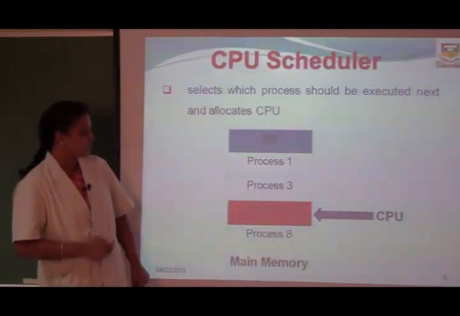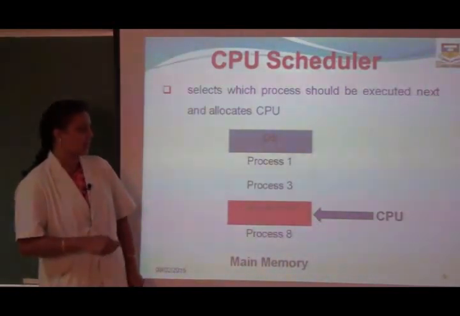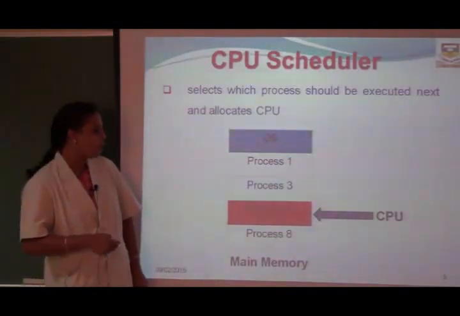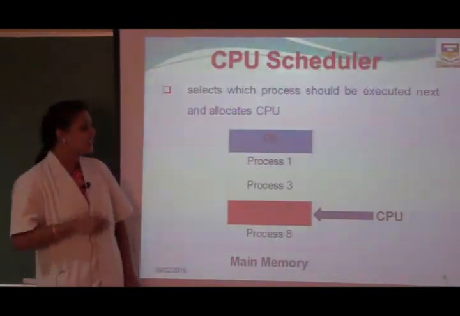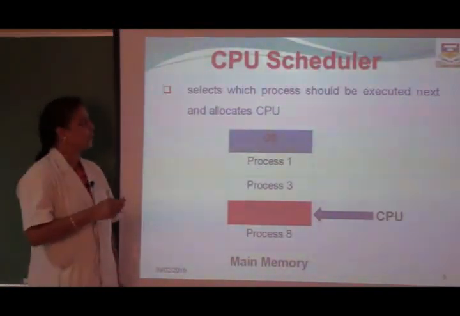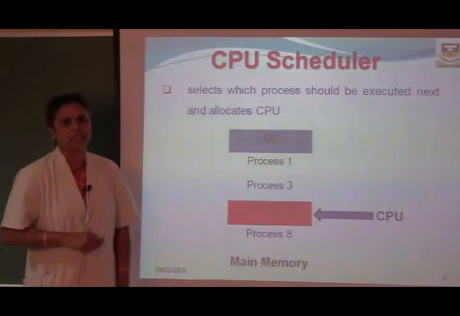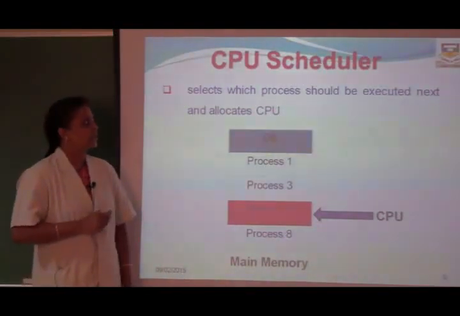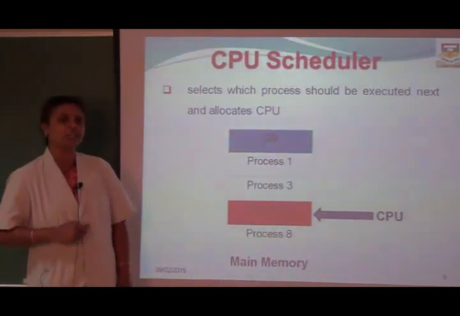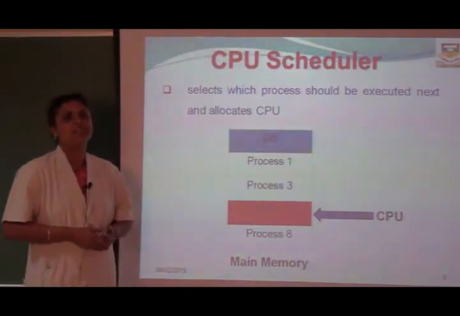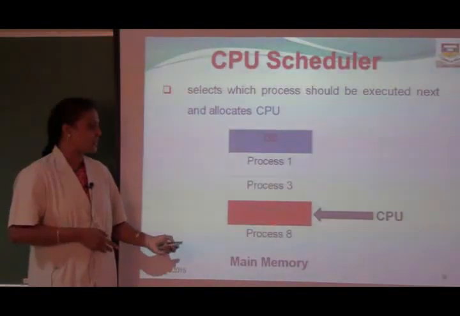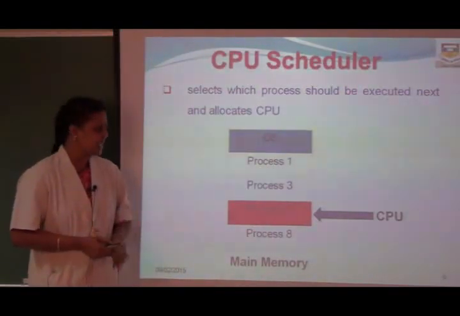Among these 4, process 5 is selected for assigning CPU. How is process 5 selected among these 4 processes? This is done by the scheduler, and this is called CPU scheduling. There are different CPU scheduling algorithms, and by using a CPU scheduling algorithm, we can select one particular process for assigning CPU.